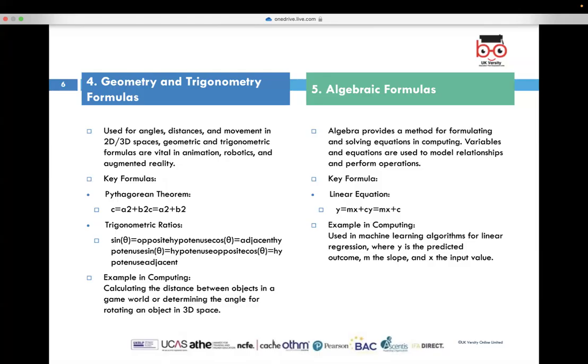Key formulas here are the Pythagorean theorem, c squared equals a squared plus b squared, and the trigonometric ratios: sine theta equals opposite over hypotenuse, cosine theta equals adjacent over hypotenuse.